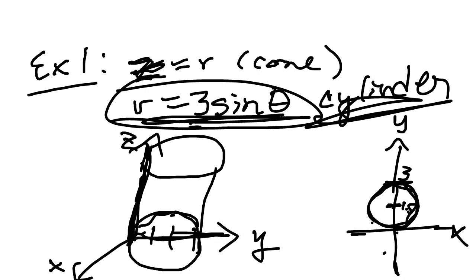Perfect. And then I'm going to use a different color. Let's use something pretty. I like purple today, or plum. But anyway, Z equals R. Z equals R is a cone, and we're bounded in the first octant.